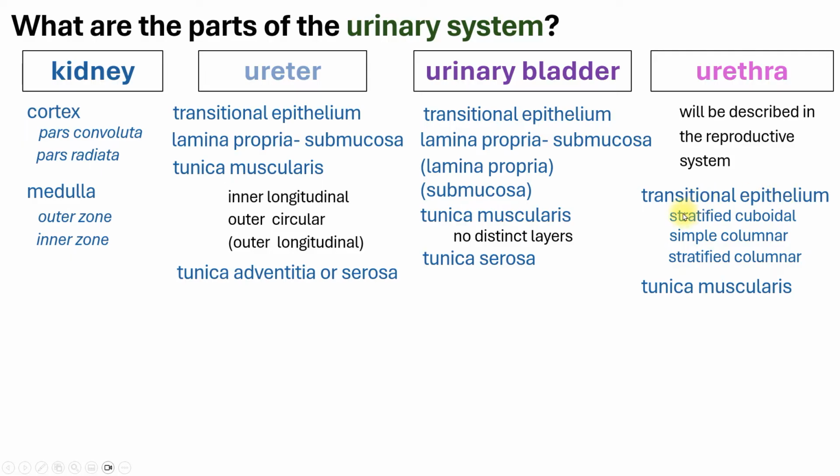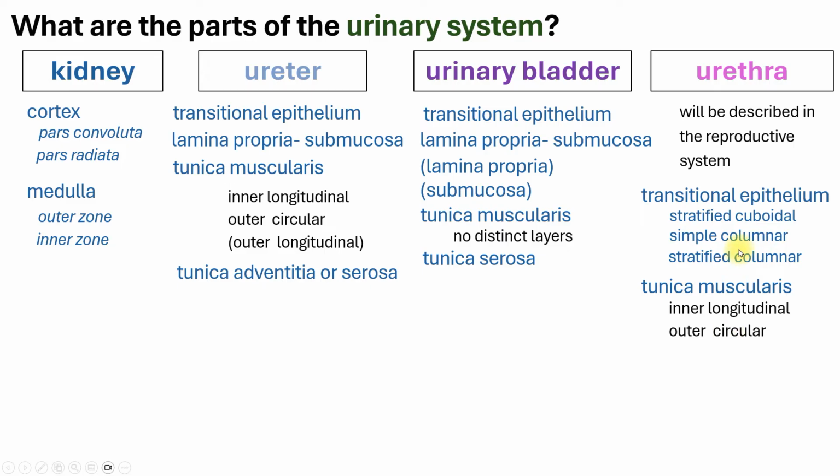But as the urethra goes to the more outside environment, it can transition to a stratified cuboidal to simple columnar to stratified columnar depending on the animal actually, no? And then finally for the tunica muscularis, it can have the same arrangement of muscle fibers.